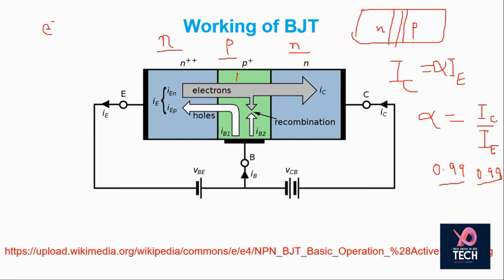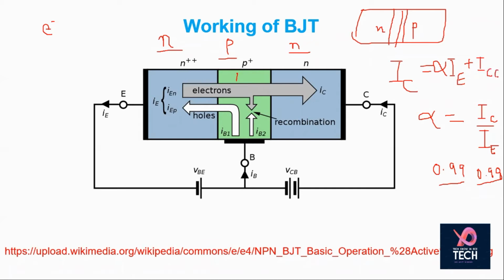So what does it mean? It means that out of the entire current contributing to the emitter current, only 0.99 will reach. This is basically a current ratio. So you got something transferred, and that ratio is 0.99, or 99%, or 98%. What about the remaining current? The remaining current is the reverse bias current, and that is given by ICO.